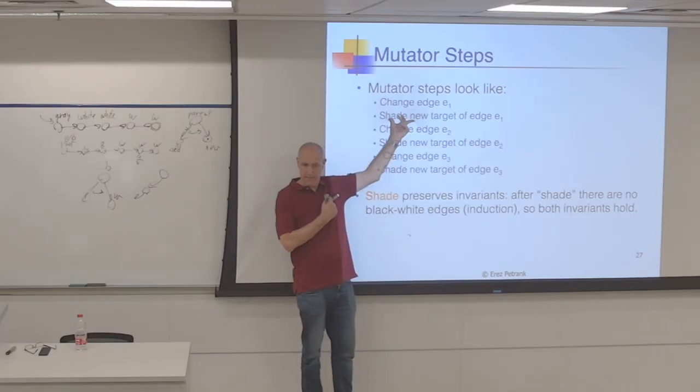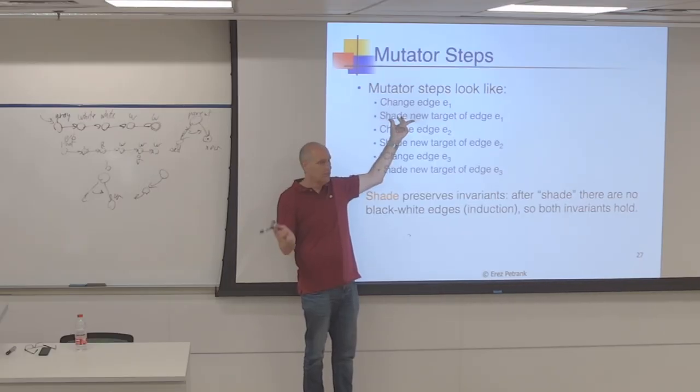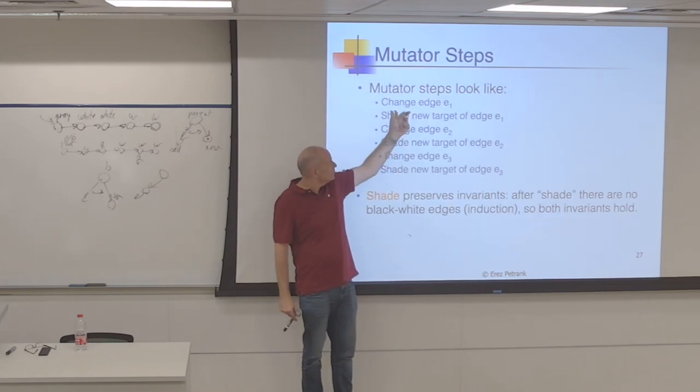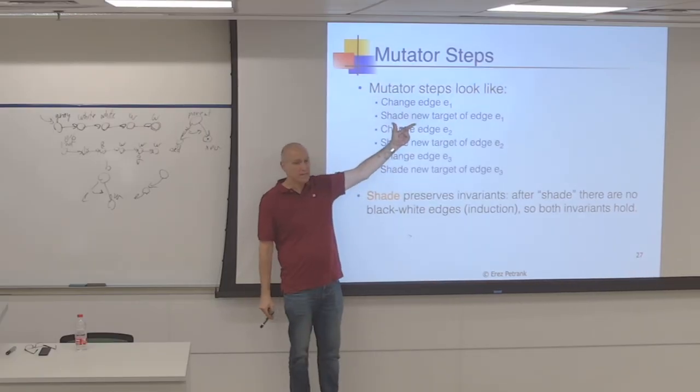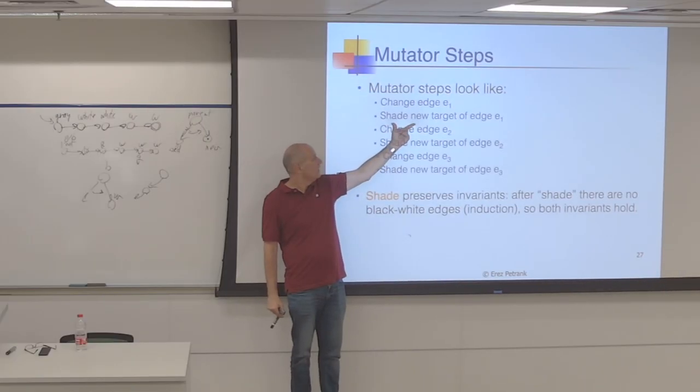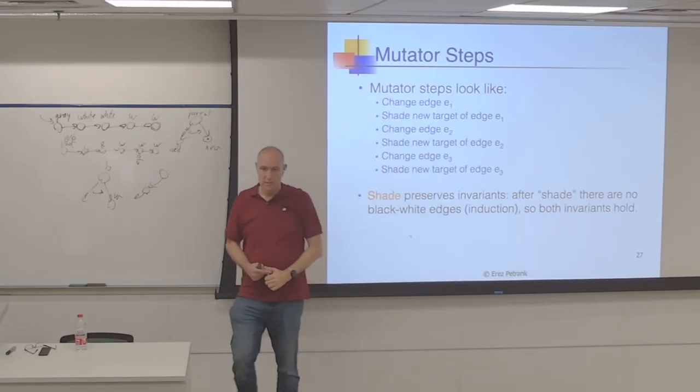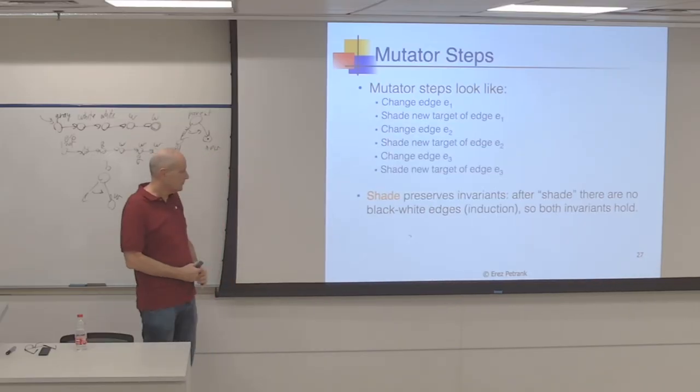We've seen that in a separate lemma. If anyone shades anything and the invariants held before that, shading did not foil anything. So the invariants still hold. So the question is, if we had the invariants before changing, do they also hold after the changing? So this is what we have to show.